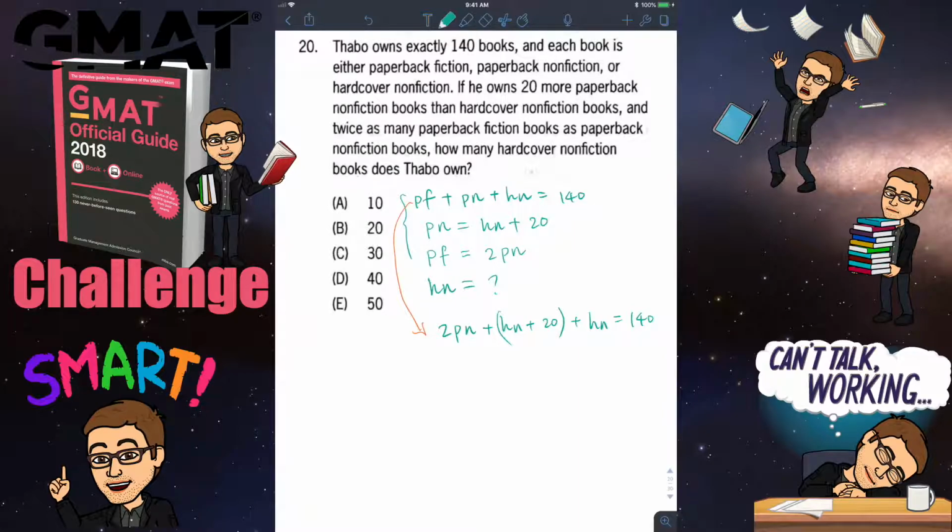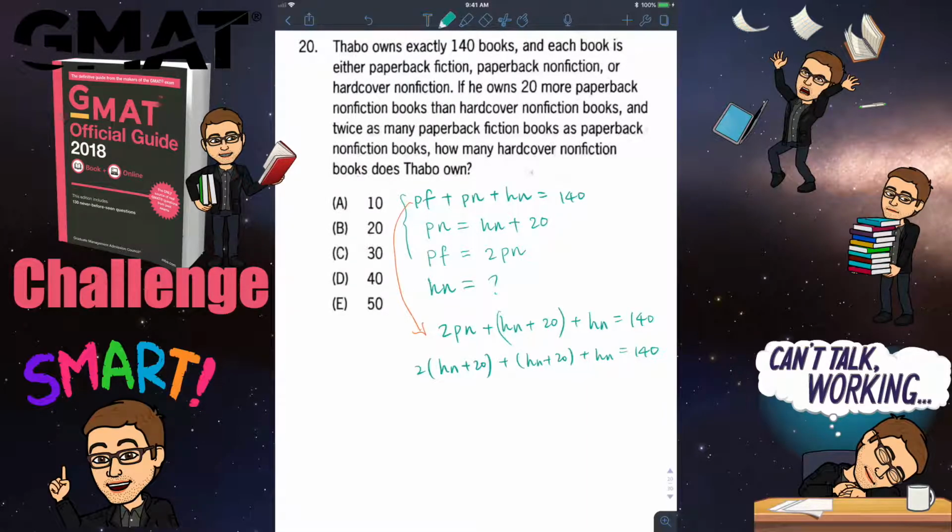And now we still have two variables. Can we eliminate PN? Of course we can. So if you look at the second equation, you could replace PN with HN plus 20. And then plus, here's still HN plus 20 plus HN equals 140.